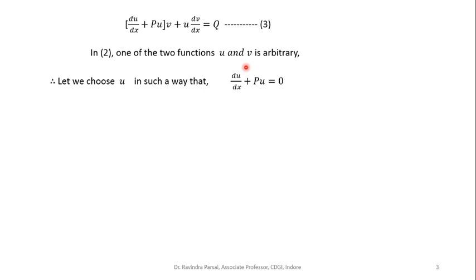Let me assume u to be arbitrary in such a way that this factor must be 0: du/dx + P u = 0.